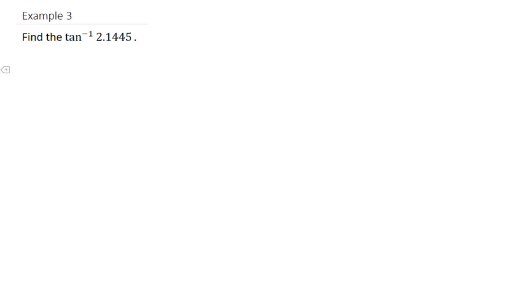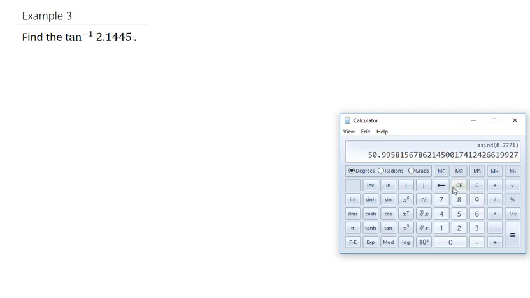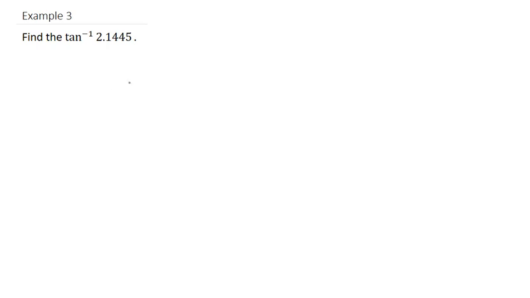Now let's do another example. Find the inverse of tangent of 2.1445. So we'll get our calculators out, and we're going to enter 2.1445, and then take the inverse of tangent, and we get 65 degrees.